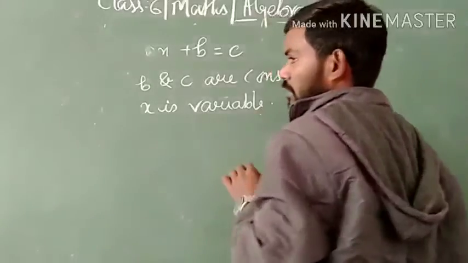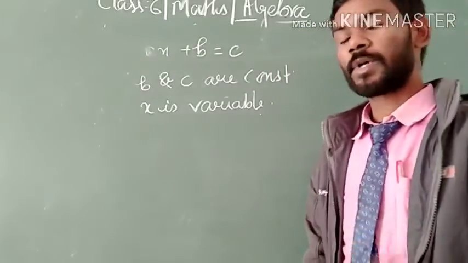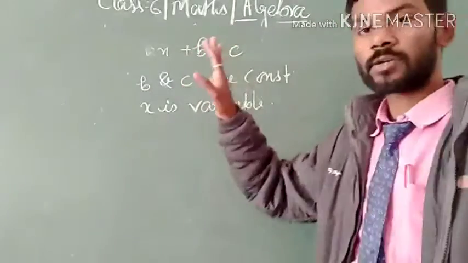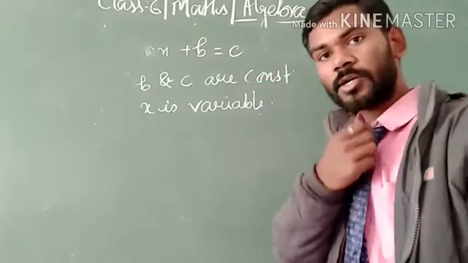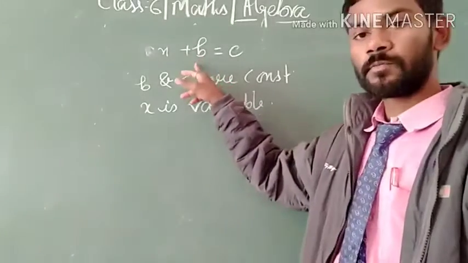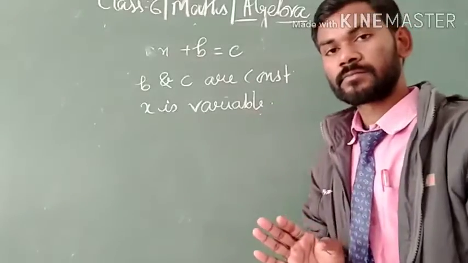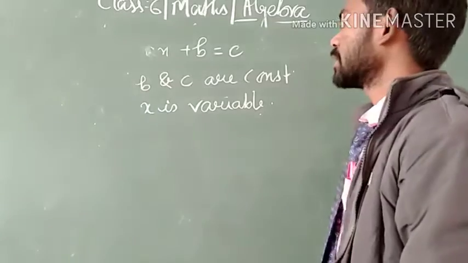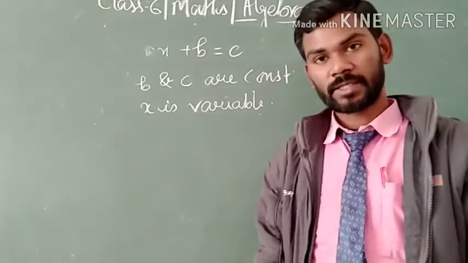In this equation, we can see that the variable x is combined with a constant quantity b. So in order to separate this x, we have to remove b from the left hand side. Here we can see that b is added with x.